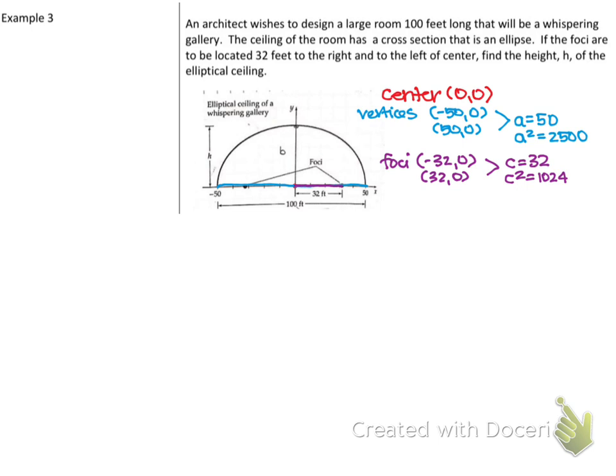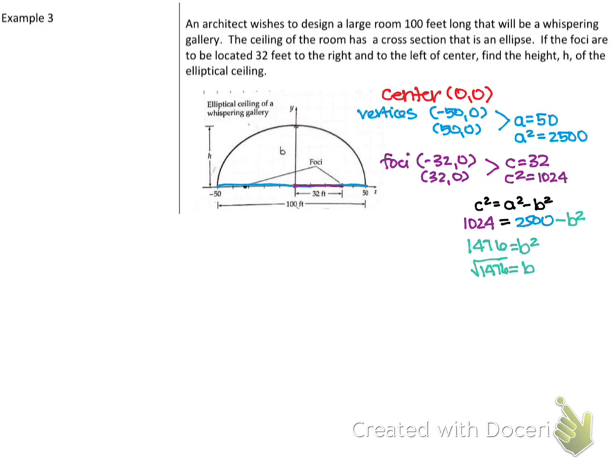So just a reminder, c squared is equal to a squared minus b squared. c squared is 1024. I know what a squared is, that's 2,500. I don't know what b squared is. I'm trying to find that. So b squared is going to give me 1476, which means b would be the square root of 1476, whatever that is.